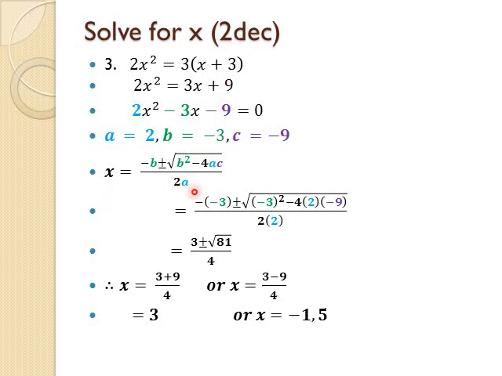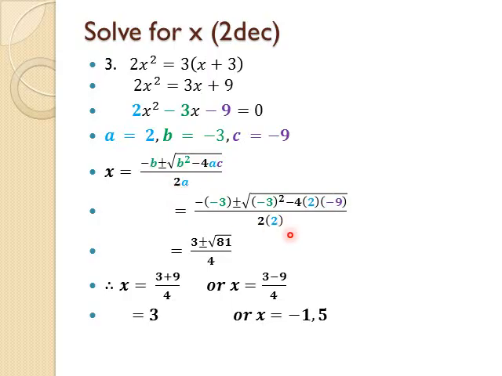To 2 decimal places, use the quadratic formula, so x equals minus b plus or minus the square root of b squared minus 4ac, divided by 2a. So in the place of b, I put negative 3. The negative stays outside, plus or minus the square root. b squared would be negative 3 squared, minus 4 times 2 times negative 9.